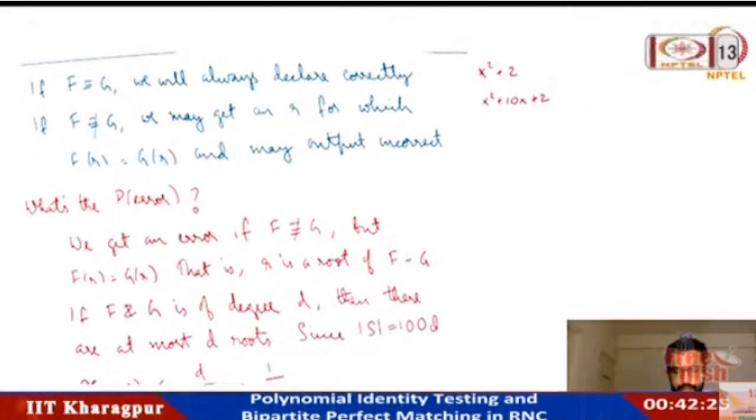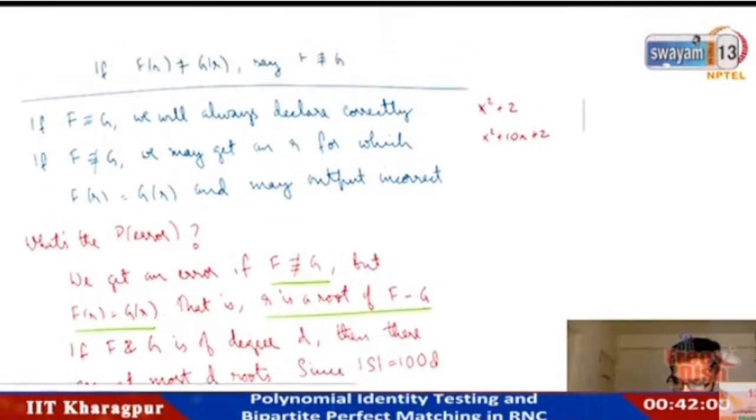The probability of error happens only when f and g are different polynomials. When f and g are the same polynomial, there is no error. But the error happens when f and g are not equal, but f(r) and g(r) are the same. And this happens when r is a root of the difference polynomial, f minus g.